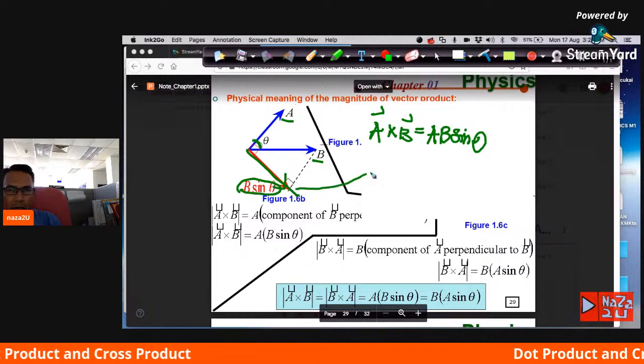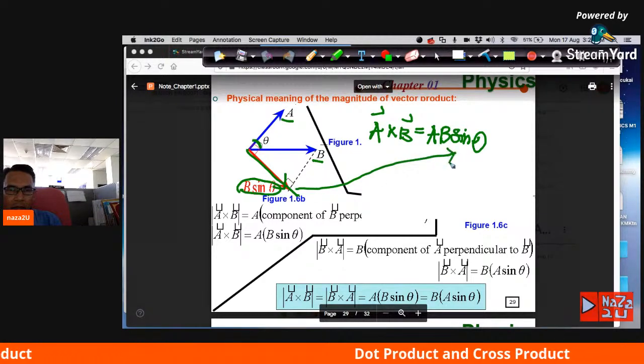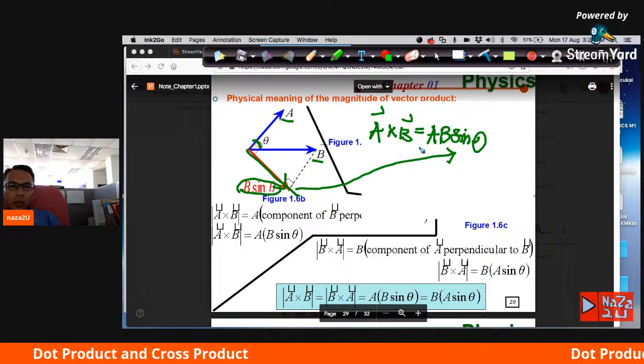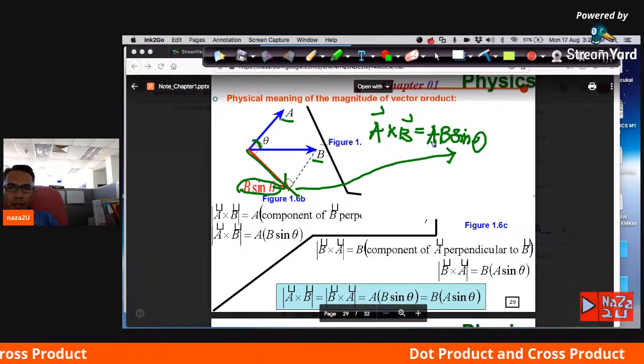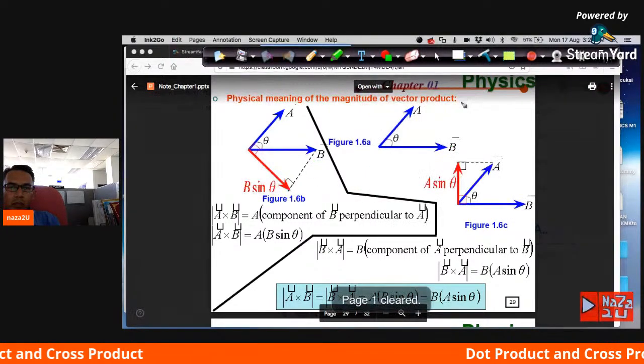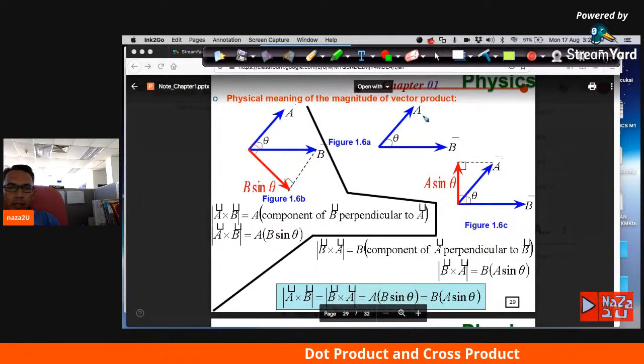So A cross B is equal to AB sin theta, right? Okay, so now if you look at the second diagram here, this is vector A and this is vector B.